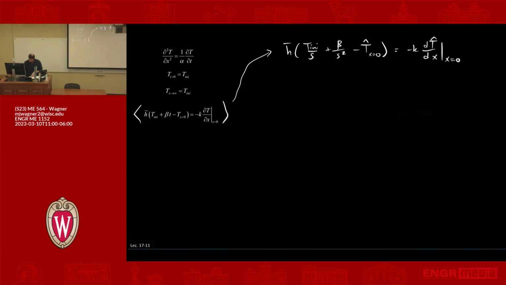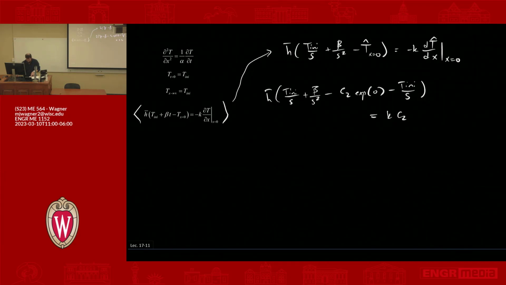So that's going to be as follows. We would say h bar times stuff that doesn't change, T initial over S plus beta over S squared minus, now we have to plug in our T hat and evaluate it at X equals 0. So that becomes C2 exponential at X equals 0, which is exponential of 0, minus T initial over S. And that's all equal to, on the right-hand side, K times C2 times the square root of S over alpha exponential of minus square root of S over alpha times 0.